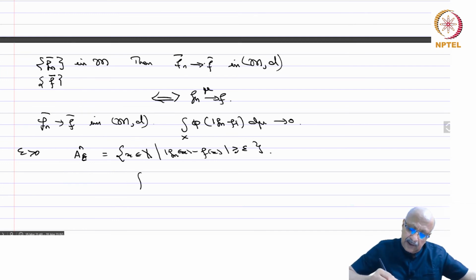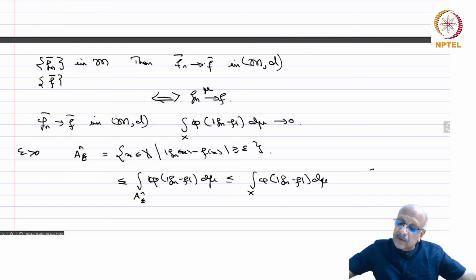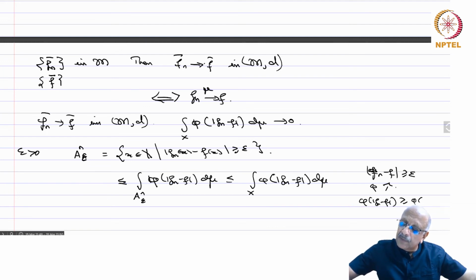So the integral over A_n epsilon of phi of mod f_n minus f d mu, everything is non-negative, is less than or equal to the integral over X of phi of mod f_n minus f d mu. On A_n epsilon, mod f_n minus f is greater or equal to epsilon, and phi is monotonically increasing, therefore phi of mod f_n minus f is greater or equal to phi of epsilon.